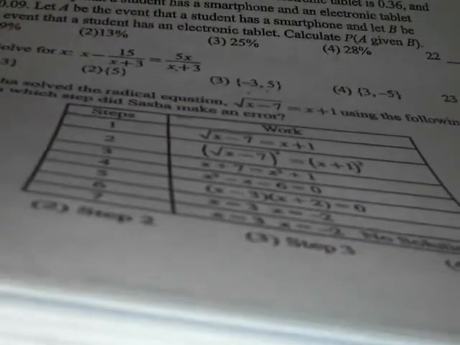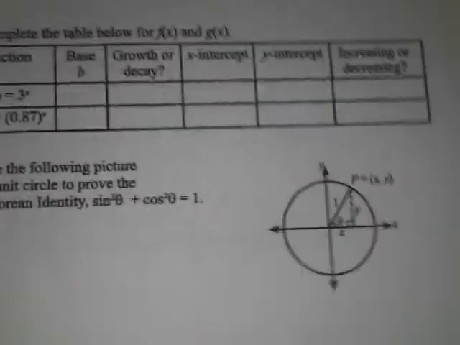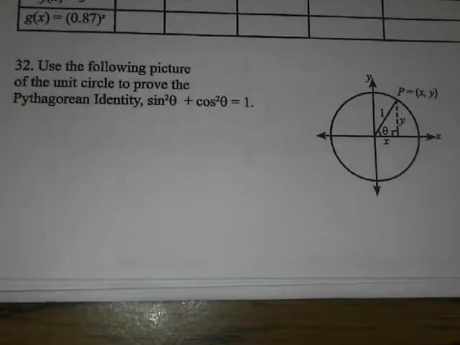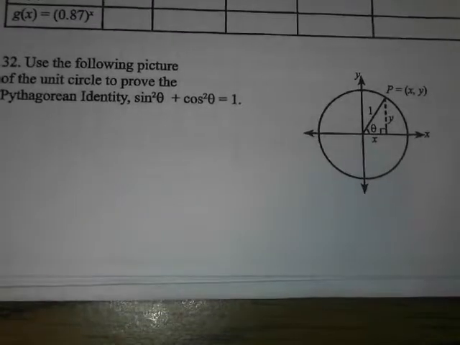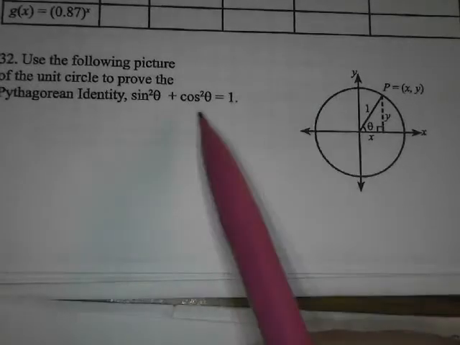Little trig question here. Use the picture of the unit circle to prove the Pythagorean identity, to prove that sine squared plus cosine squared equals 1. Okay, let me ask you something here. Sine is what over what? SOHCAHTOA.